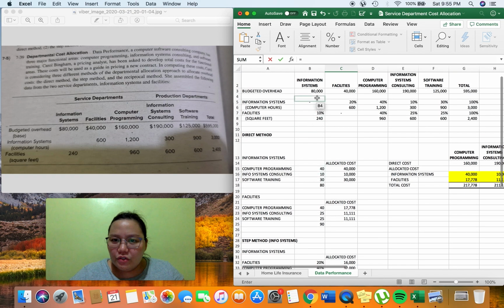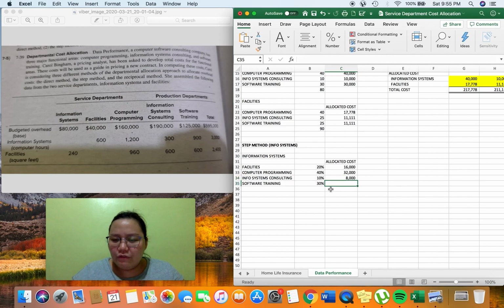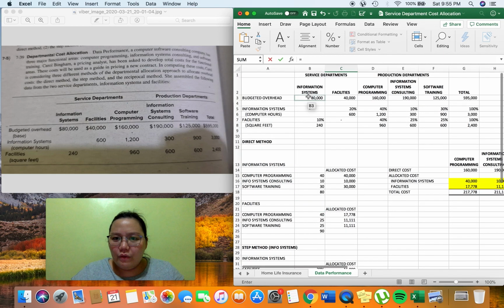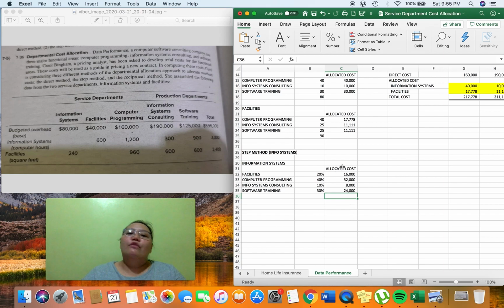For information systems consulting, we have 80,000 multiplied by 10%, we have 8,000. And for software training, we have 80,000 multiplied by 30% and we'll get 24,000. So this is our allocated cost. This is the first step.